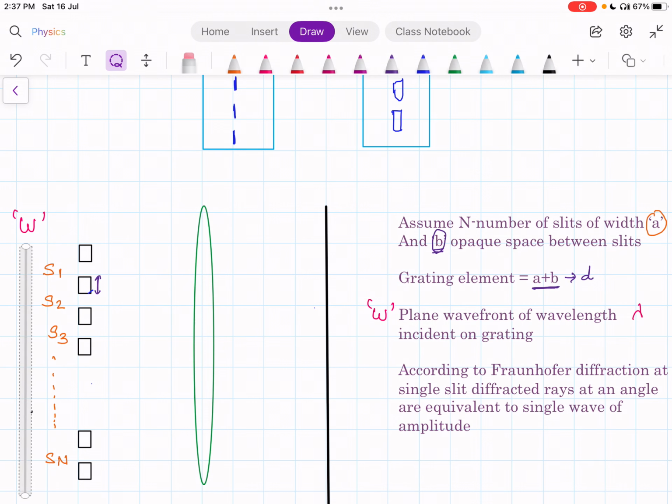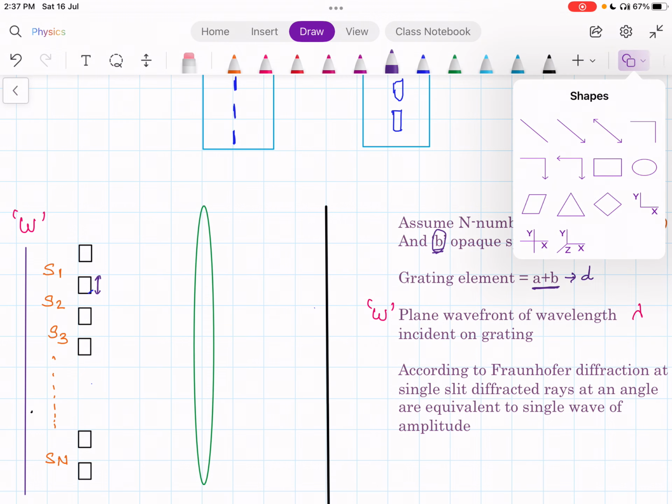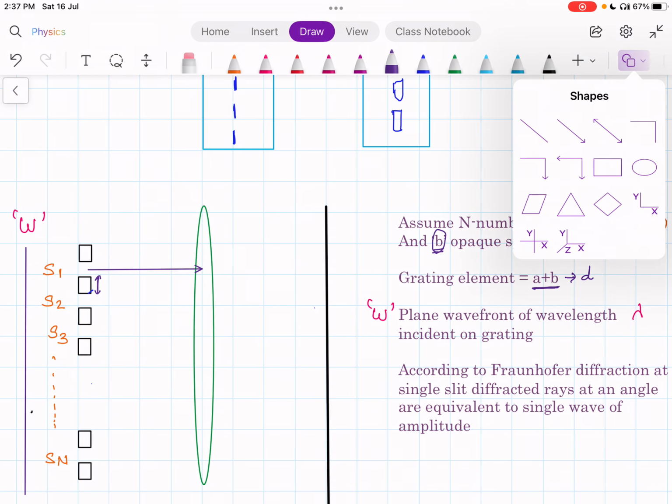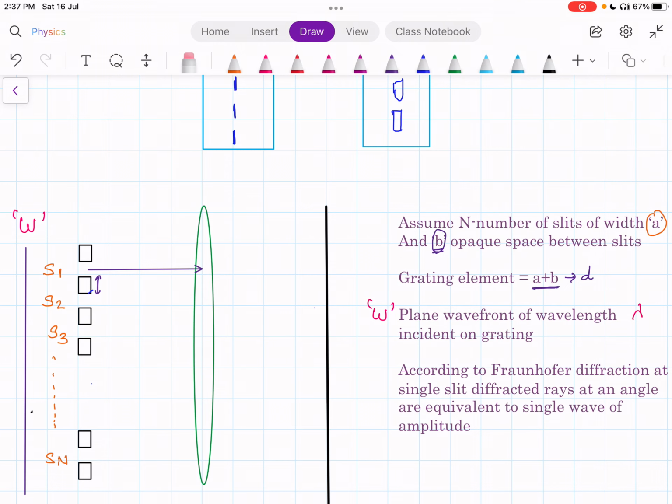That is as per Huygens theory. Consider those secondary waves which are starting from the midpoint of each slit in a direction normal to the plane of the slit.